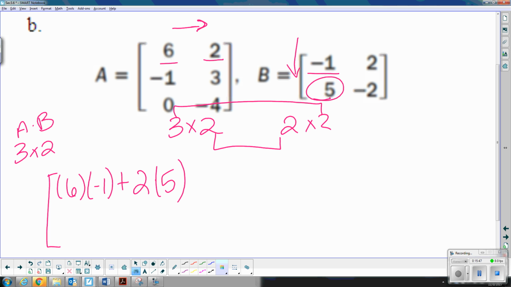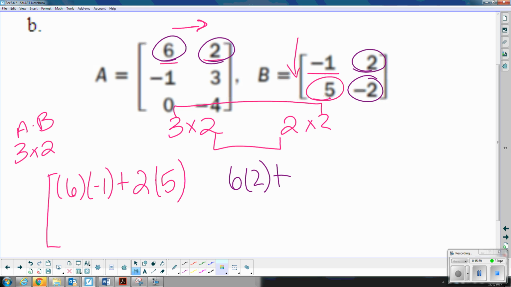So our second term is 6 and 2. So 6 times 2 plus 2 and -2.